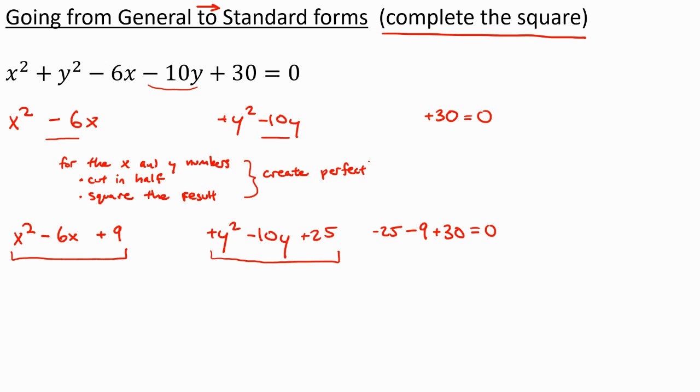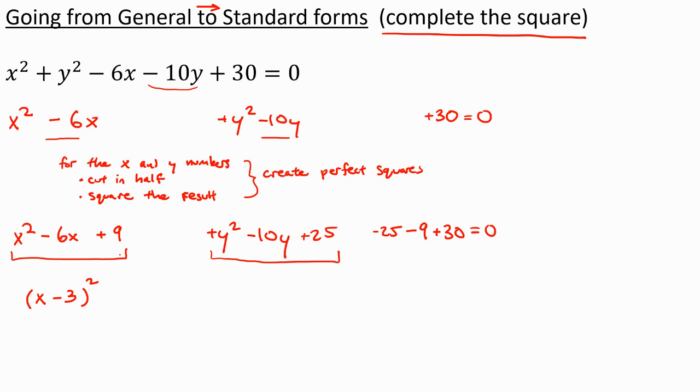You hopefully remember that from last fall, perfect squares. We've forced it to be perfect squares based on what we had. So the 9 and the 25 weren't magical. We created those because of the -6 and the -10. We forced it to be a perfect square. So now if we were to factor x squared minus 6x plus 9, this factors using the perfect square shortcut to x minus 3 squared.